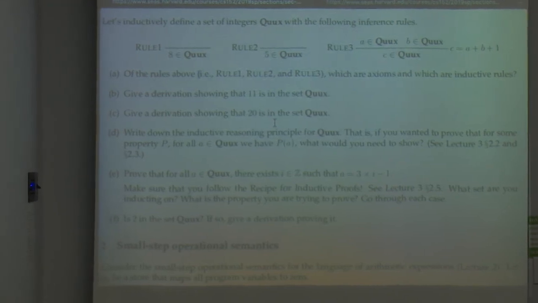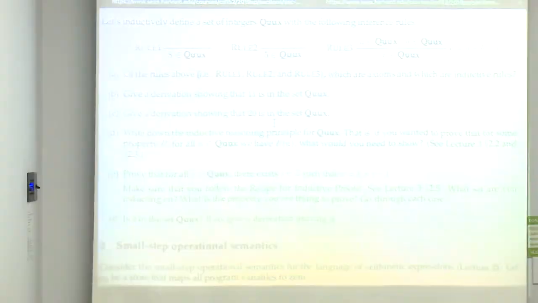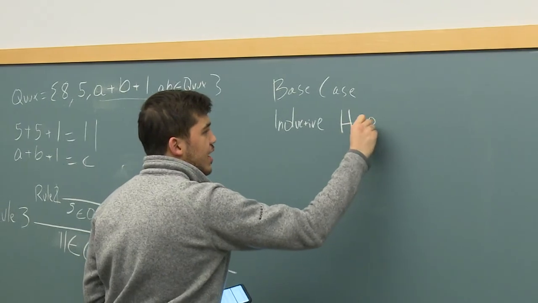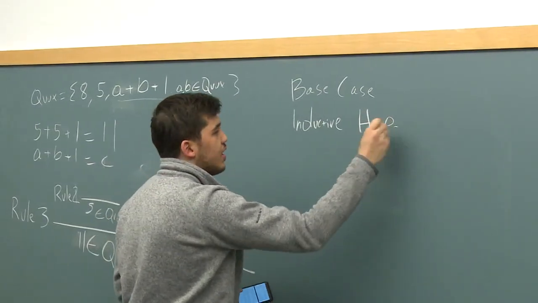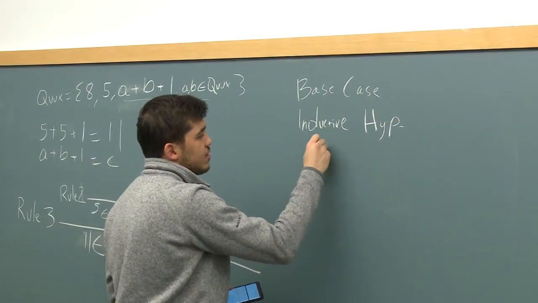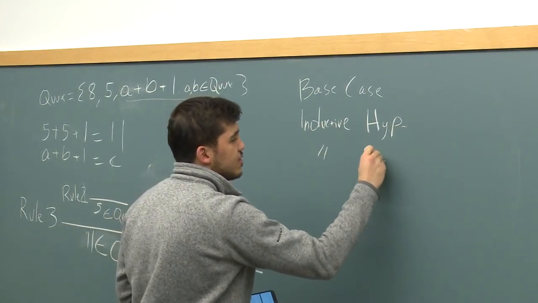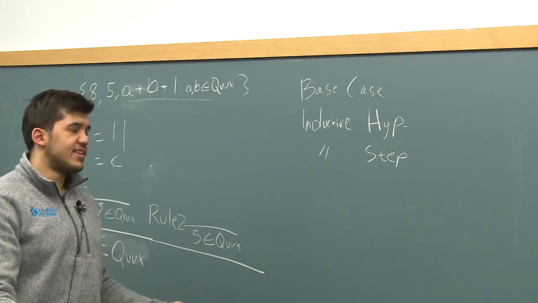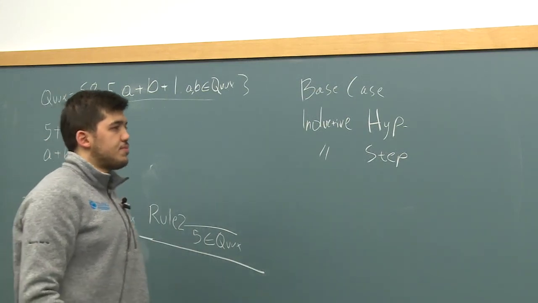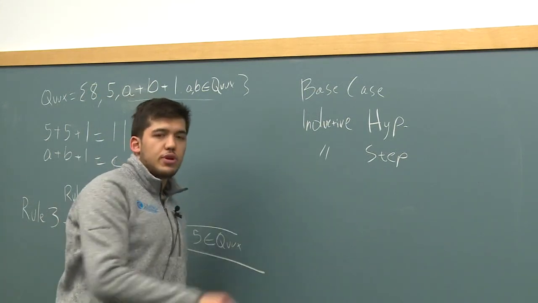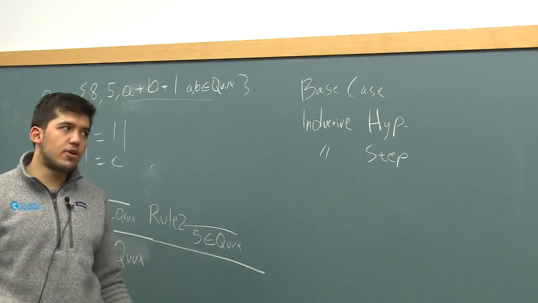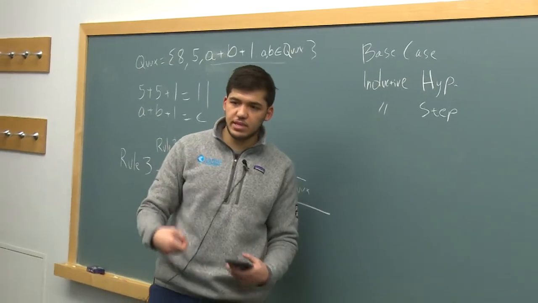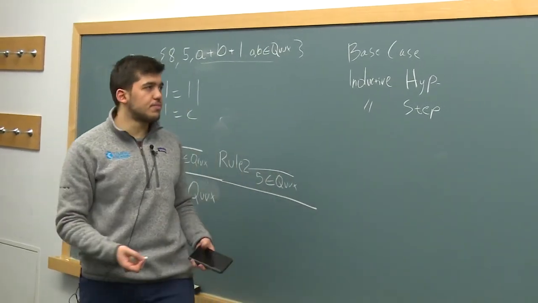Base case, inductive hypothesis, and inductive step, or recursive step. We just need to do these steps ourselves. Yeah. And this goes for the homework as well. In the homework where you're asked to show the proof by induction, you need to clearly show the base case, the inductive hypothesis, and the inductive step.